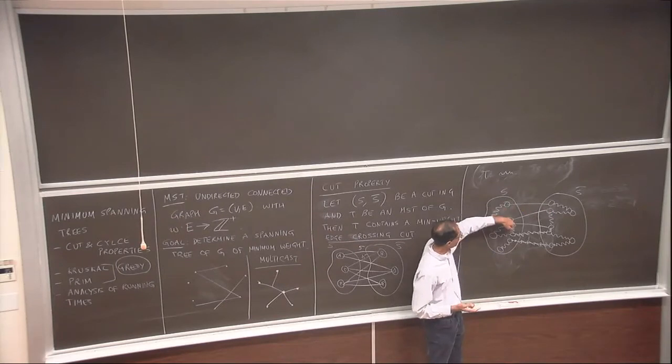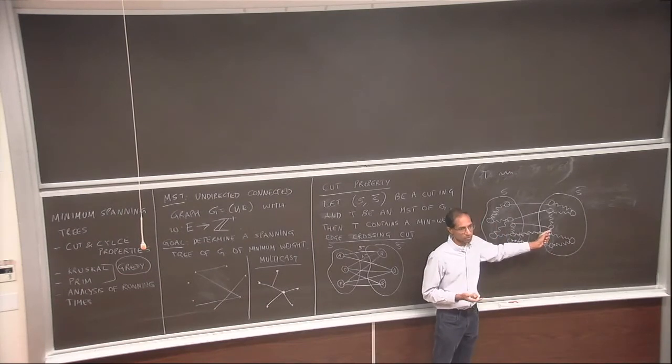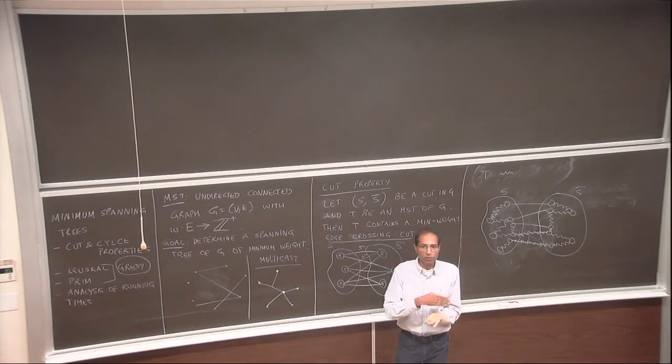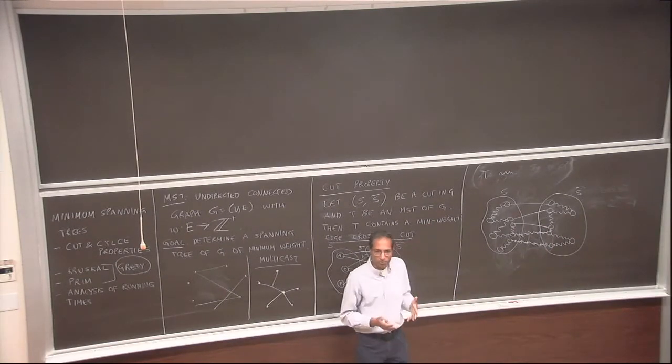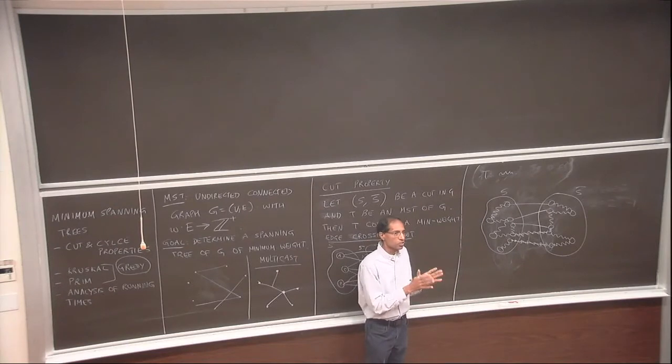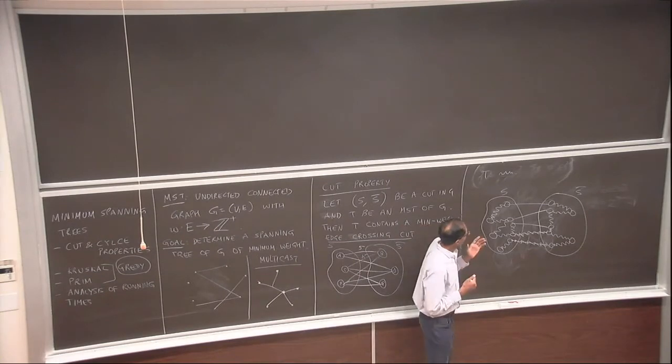At some point it's going to cross to the other side, but then at that time it's using an edge going from S to S complement. This is an obvious statement. We are not going to be proving this in our exams or problem sets again and again. But still, if somebody asks you to prove it, this is how you could go about it.